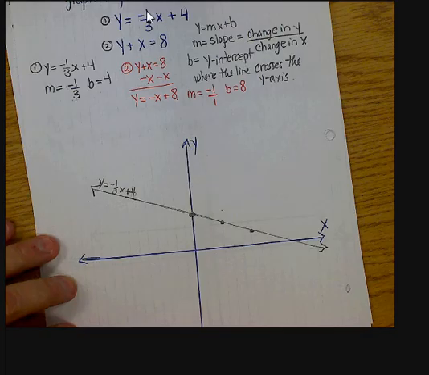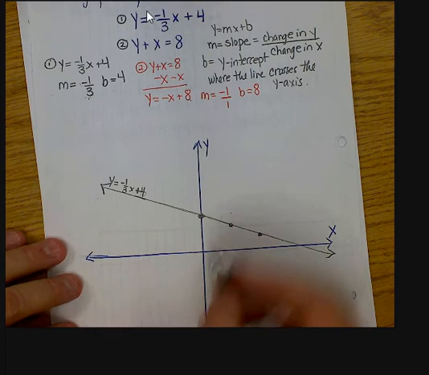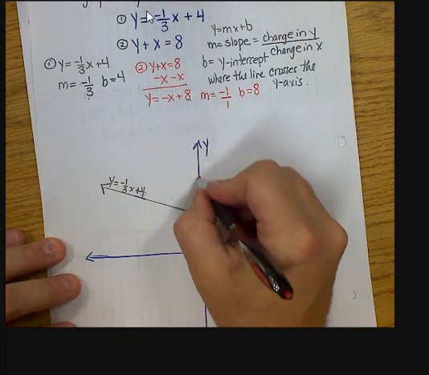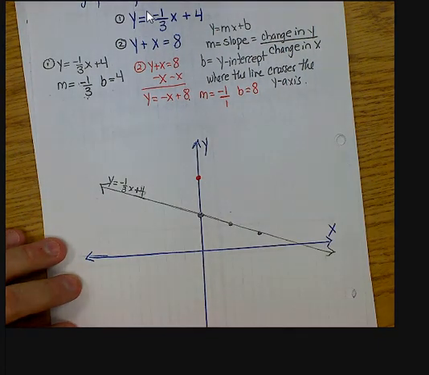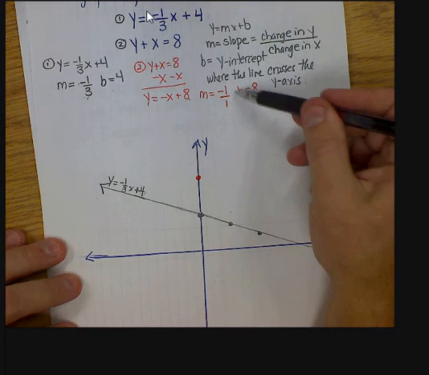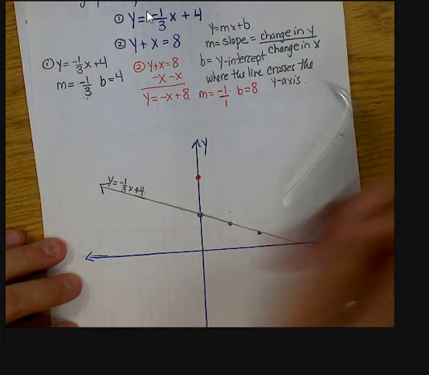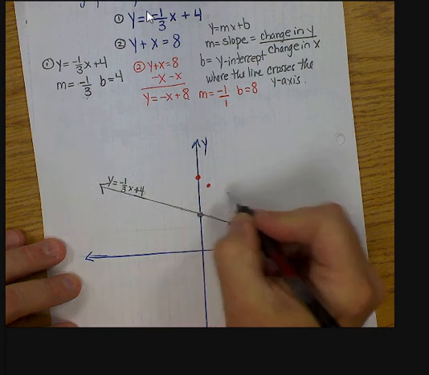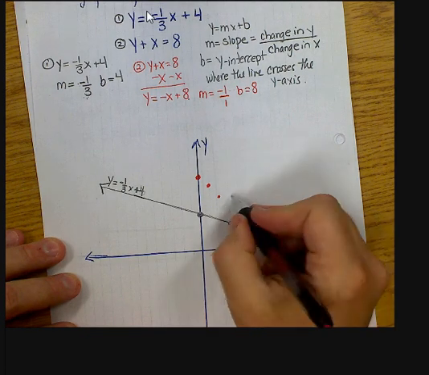Okay, so now coming back to the graph, I'm going to start at the 8. So that's 4, 5, 6, 7. It's tough to see on this graph, but that's about 8. Definite point on the graph. And then from that point, how am I going to work my slope? To the right one and then down 1. To the right one and down 1.